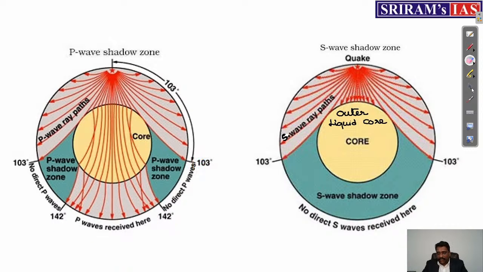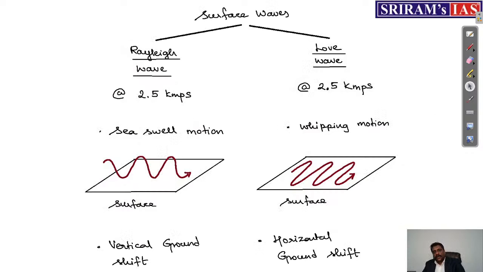So how exactly we have identified the Earth's interior is all with the help of shadow zone analysis. Way back in the 1930s, the depth of this core was discovered by Gutenberg. That's the reason this depth of the core at, say for example, 2900 kilometer was named as Gutenberg's discontinuity. Okay, right, my dear friends.